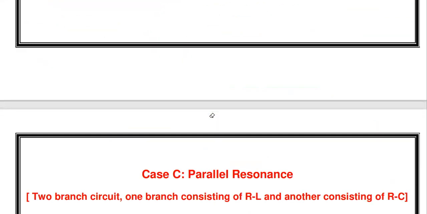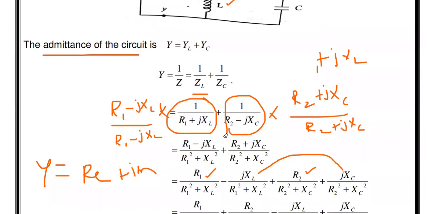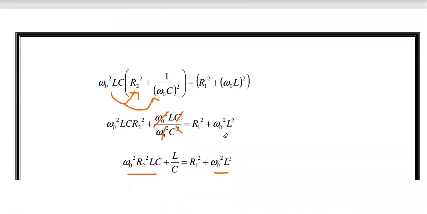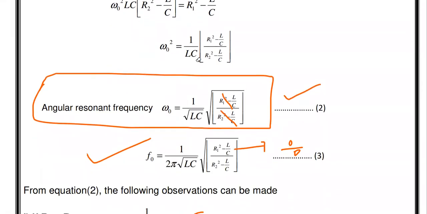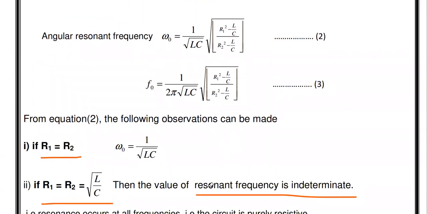In the third case, the inductor has some internal resistance R1 and the capacitor also has some loss, represented by R2. For this third resonant circuit, the resonant frequency is 1 by root LC times square root of R1 squared minus L by C divided by R2 squared minus L by C. So these are the three different parallel RLC circuits and their resonant frequencies we discussed.